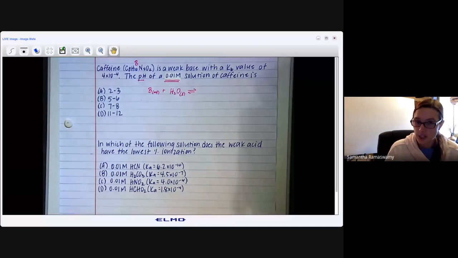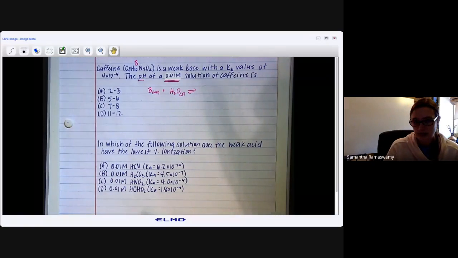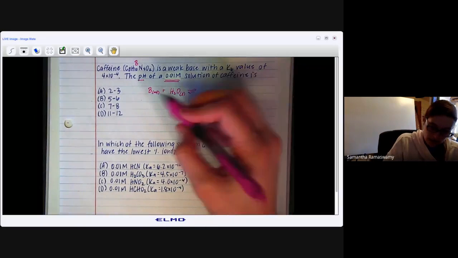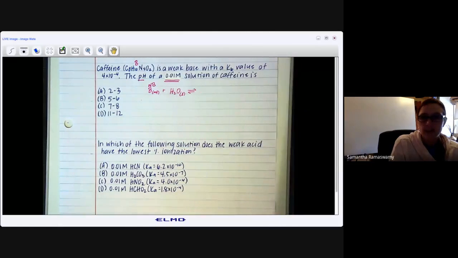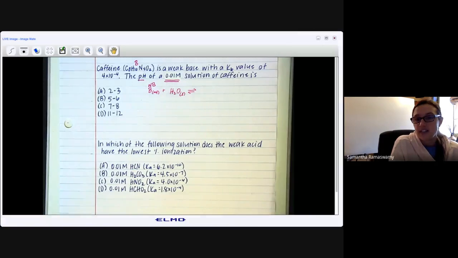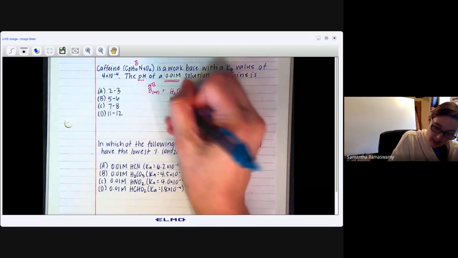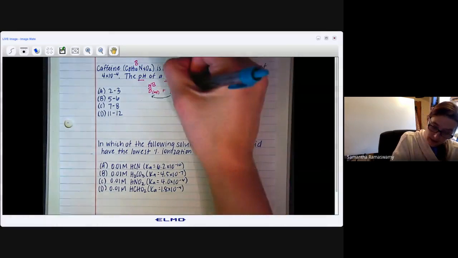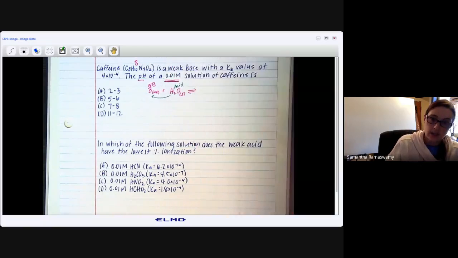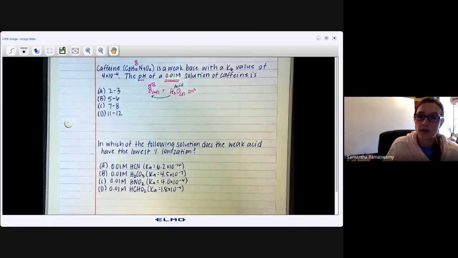I need an equation so I can set up my ice table appropriately. This B is the base. It tells me that caffeine is a weak base. If it's a weak base, it will accept a proton, which means water is the acid donating the proton. We don't care about the strengths. All we care about is that the base is accepting a proton.